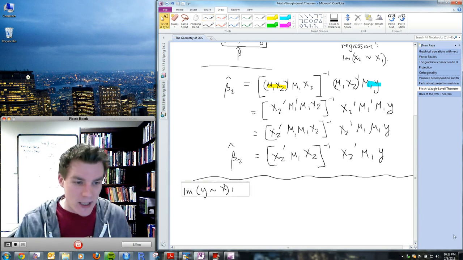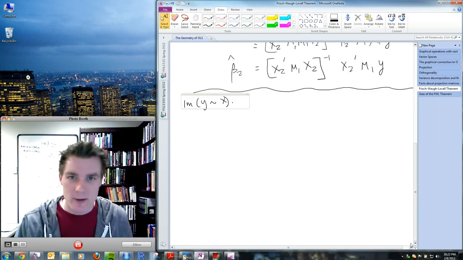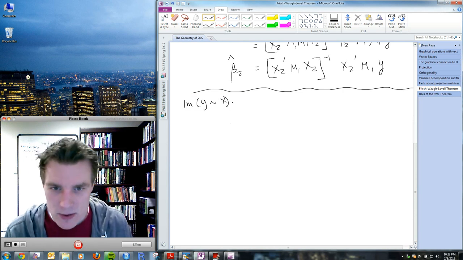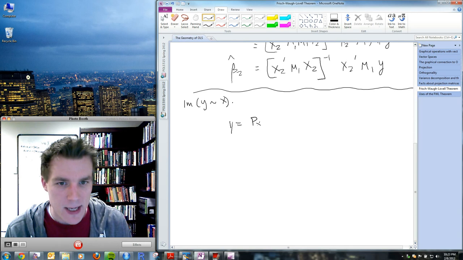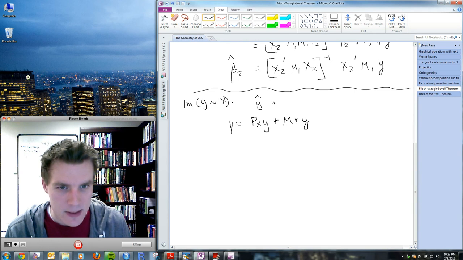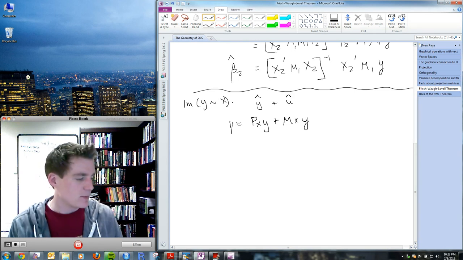What I'd be doing is the following: y equals Pxy plus Mxy, so this is y hat, and this is u hat. That's just a simple identity.